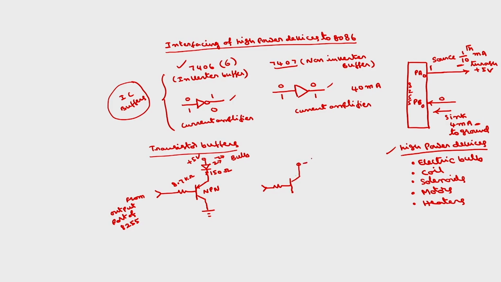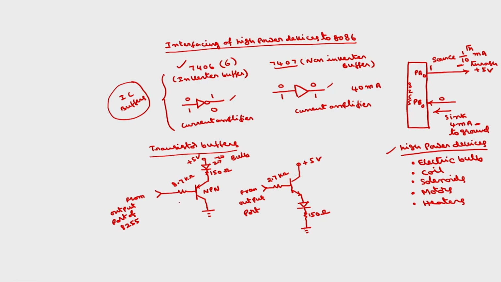Collector is connected to plus 5 volts, emitter is connected to the LED, this is 150 ohms, this is also from the output port. This resistor value will be 2.7 kilo ohms.